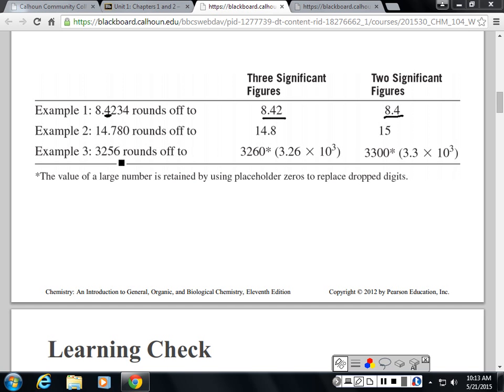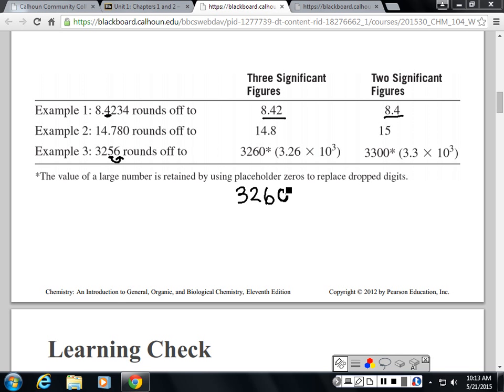Example 3. We want to round to 3 significant digits. So we're going to look right here and then look next door. We have a 5 and next to it is a 6. If it's 5 or greater, you round up. So we round to 3,260.